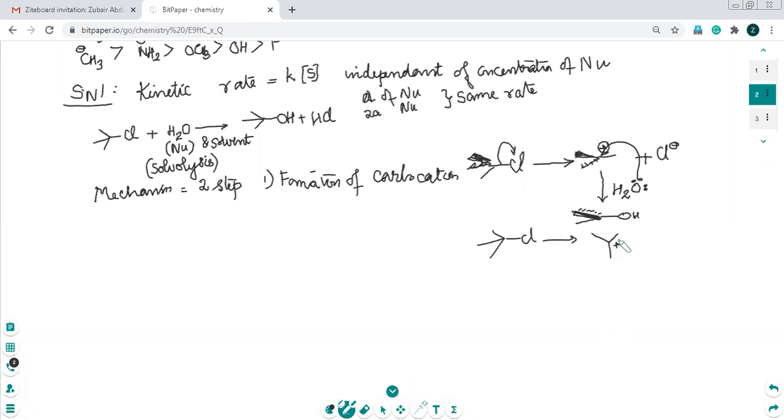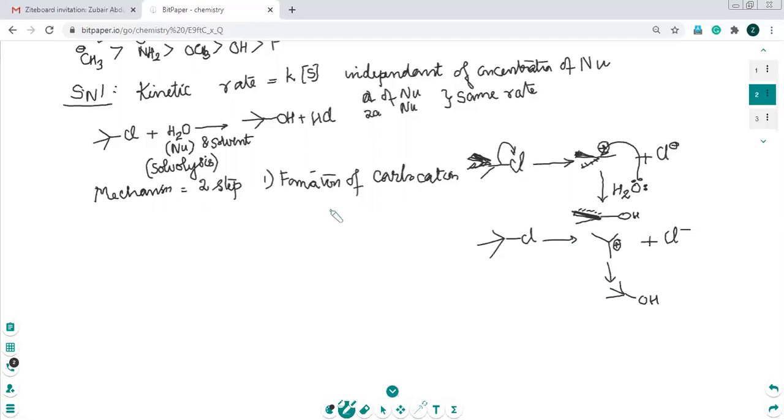You have positive charge plus Cl minus. Now this can give you this product, or the OH can be coming from the opposite side. Both are possible. That's okay.